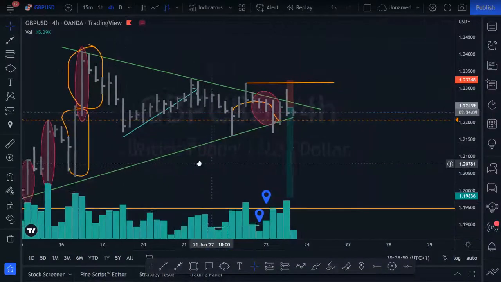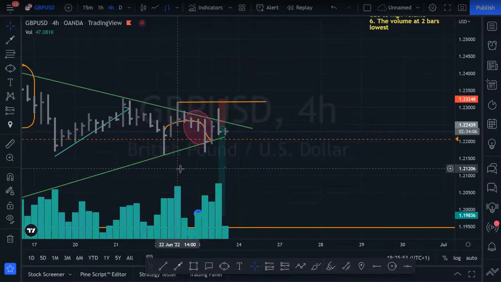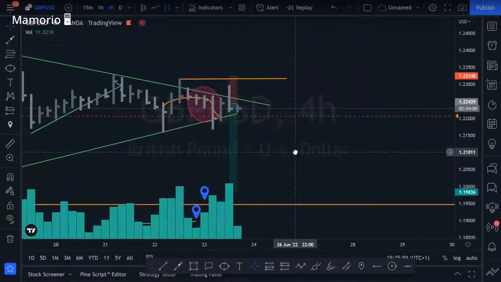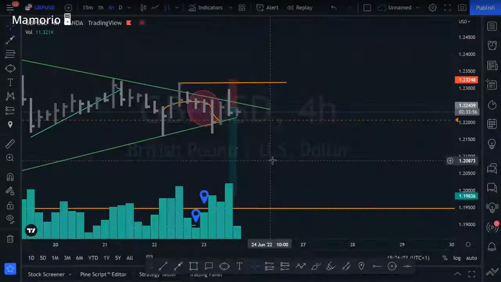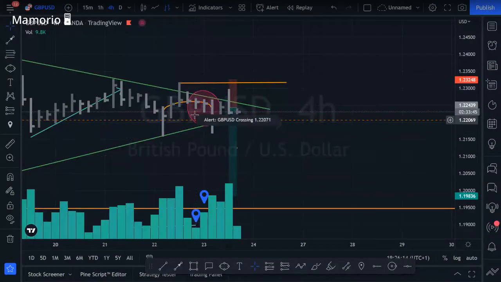We have the lowest volume in our apex. Then it's an up bar. And at what point are we at? The apex is tightening up, the price is tightening up, and then we are disconfirming demand with this bar over here.